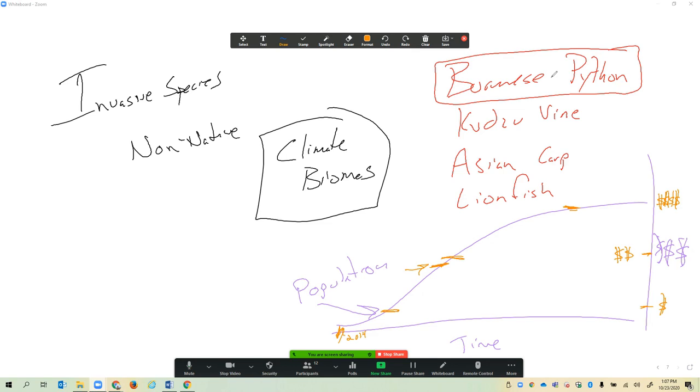So if we have 250,000 in our area now, we could have 25 million of them next year. It's crazy to think about how fast that population can grow, a 30 to 100 times rate of population growth. Absolutely crazy.